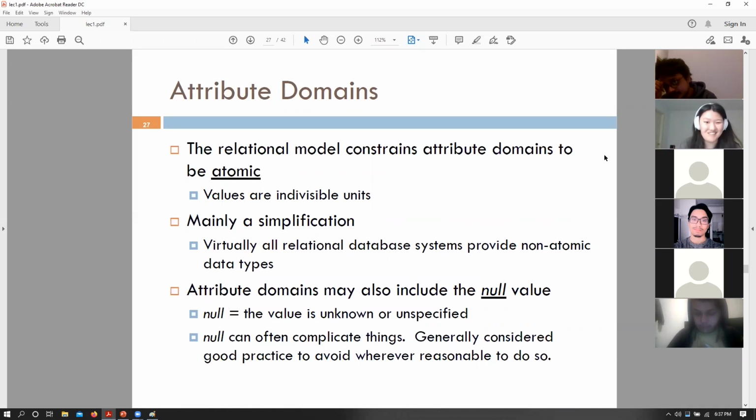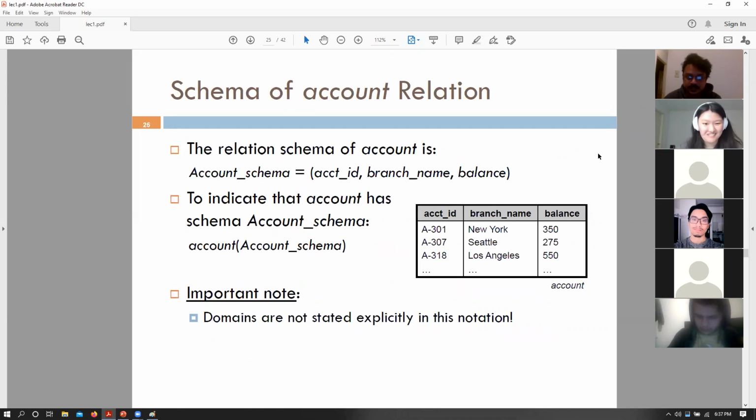Any questions? Can you go back to the last two slides? I thought attribute is a row of the highlighted stuff.